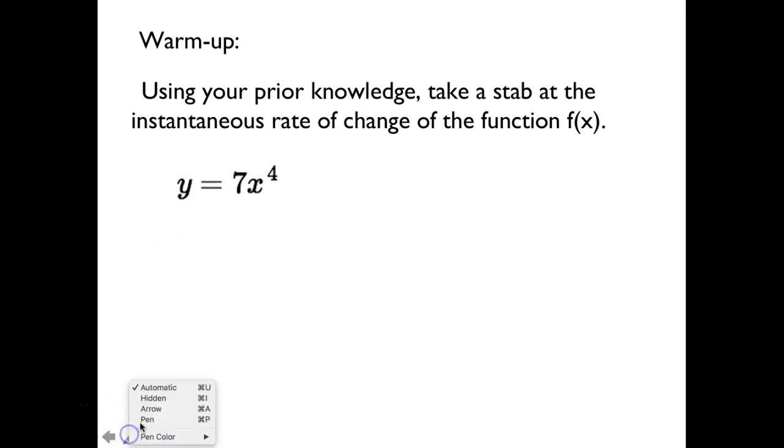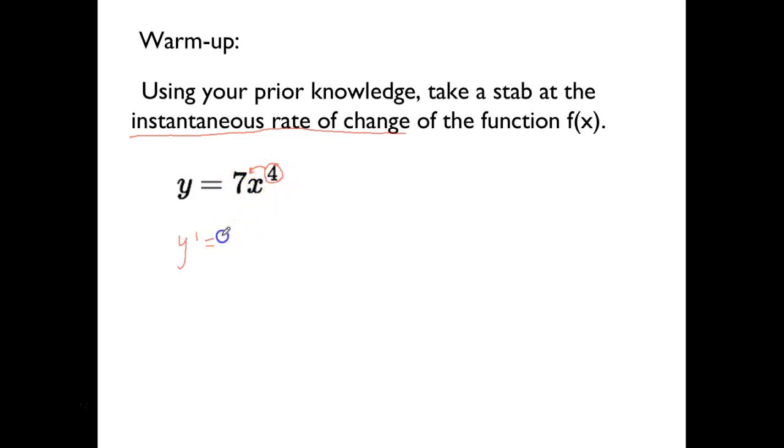Here we go. Okay, using the prior knowledge, so what we did yesterday, the power rule, take a stab at the instantaneous rate of change of the function. Remember, instantaneous rate of change, meaning derivative. So, y prime. Yesterday we were taking this exponent right here and bringing it down, so what do you think we would do here?